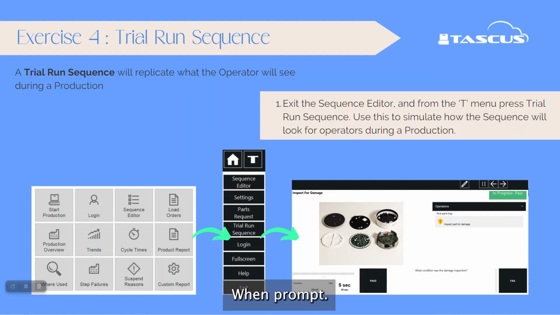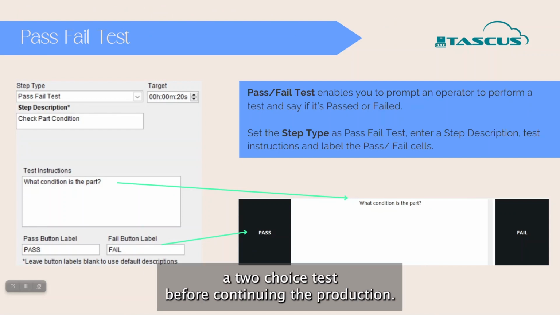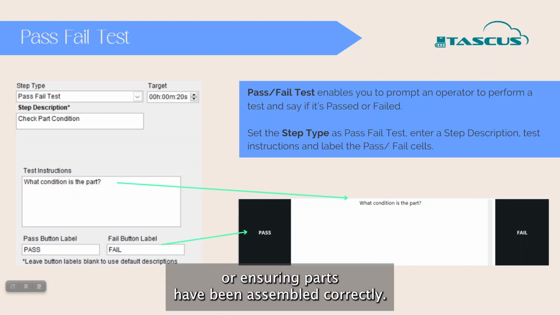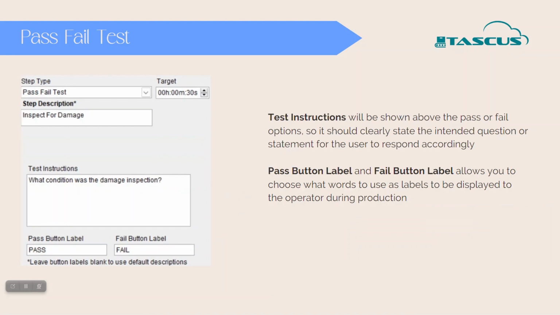The pass-fail test means the operator must complete a two-choice test before continuing the production. This can be a test for anything such as checking the condition of a product or ensuring parts have been assembled correctly. During this step, you will have a test instruction field.